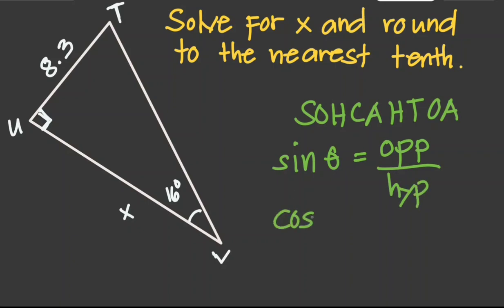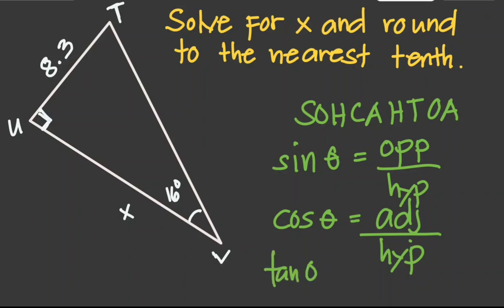And then for cosine, that is the adjacent side over the hypotenuse. And then the tangent of that angle is equal to opposite over adjacent.